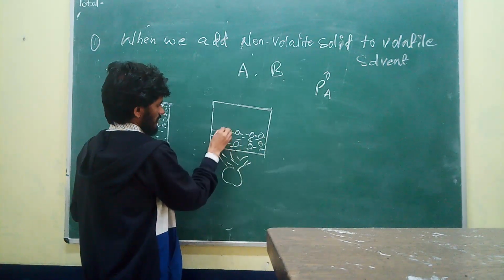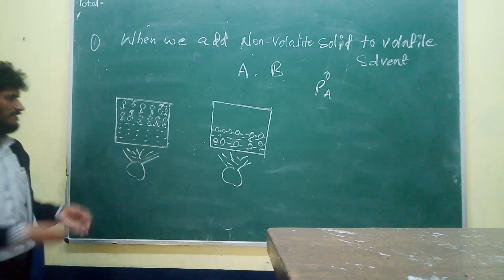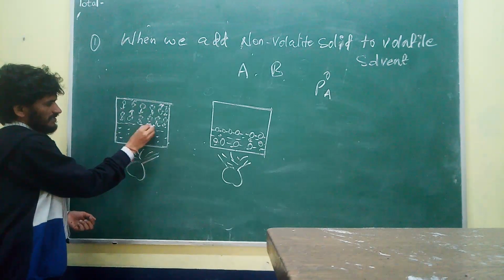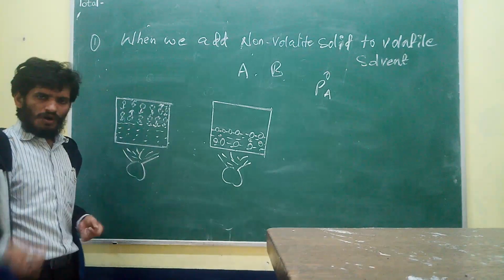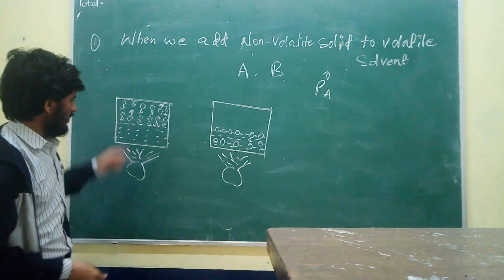See here, when we take only pure liquid, on the surface of this liquid only liquid particles are present. Suppose we consider 100 liquid particles present on the surface.